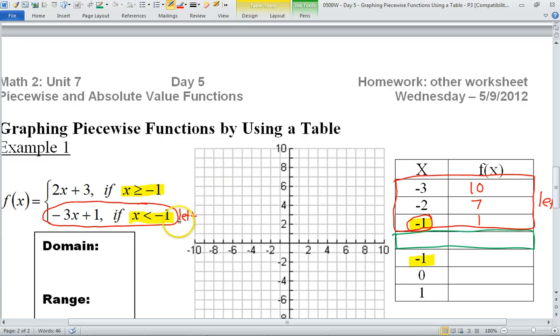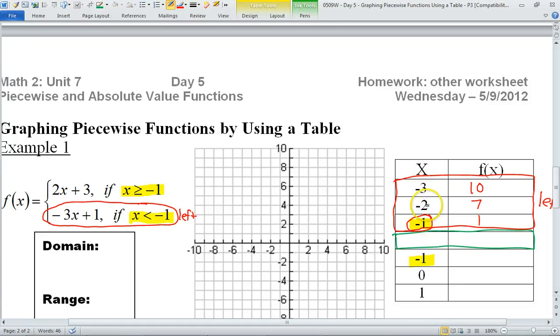Okay. Now, we're doing the left side, correct? Now the left side, look at these x values. Negative 3, negative 2, negative 1. Are these values less than negative 1 or are they greater than negative 1?